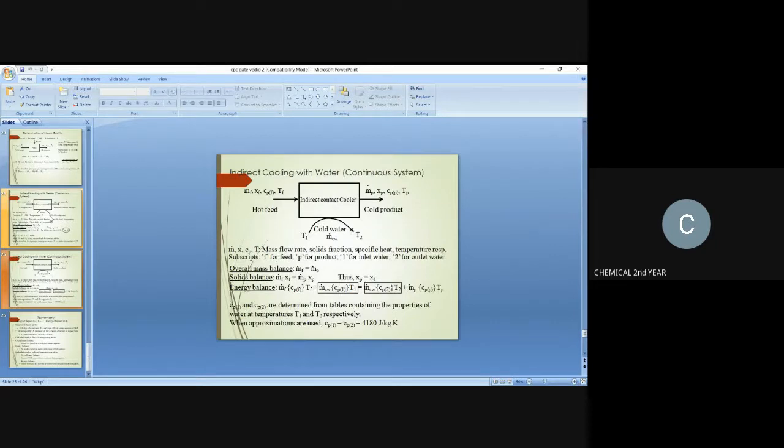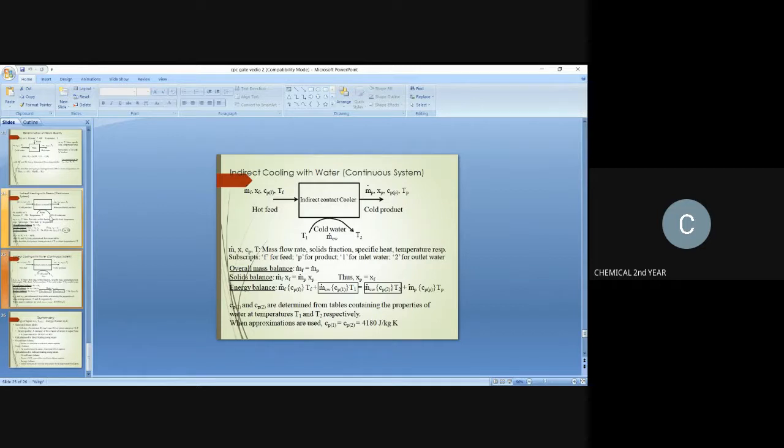Next, indirect cooling with water as a continuous system. Here, our input is hot feed and our output is cold feed. Input has a mass flow rate of Mf, mole fraction of Xf, specific heat of Cpf and temperature of Tf. And our product has a mass flow rate of Mp, mole fraction of Xp, specific heat of Cpp and temperature of Tp.